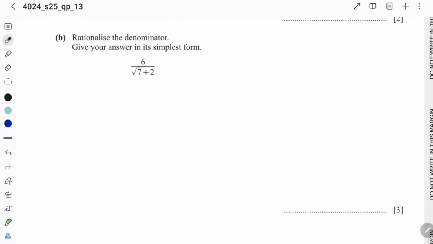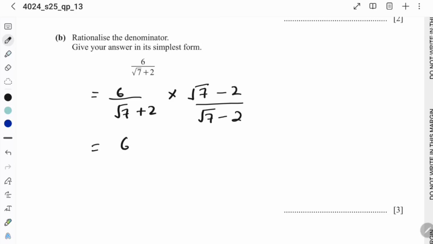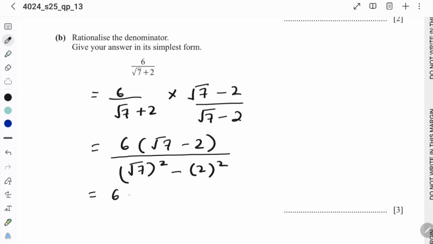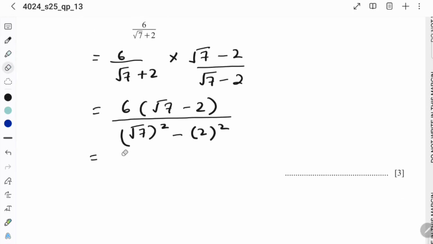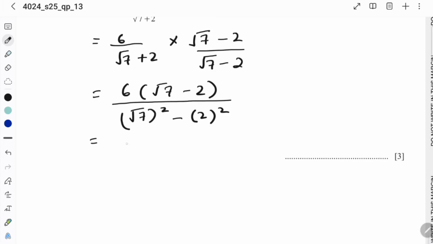Now the B part: rationalize the denominator, giving your answer in the simplest form. It means 6 upon square root 7 plus 2, multiplied by square root 7 minus 2 over square root 7 minus 2. So 6 times square root 7 minus 2 divided by 7 minus 4, using a square minus b square, a plus b and a minus b. Just don't multiply the 6 out yet, maybe things will cancel. A common mistake students make is writing that the square root of 7 squared is 49, which is wrong.